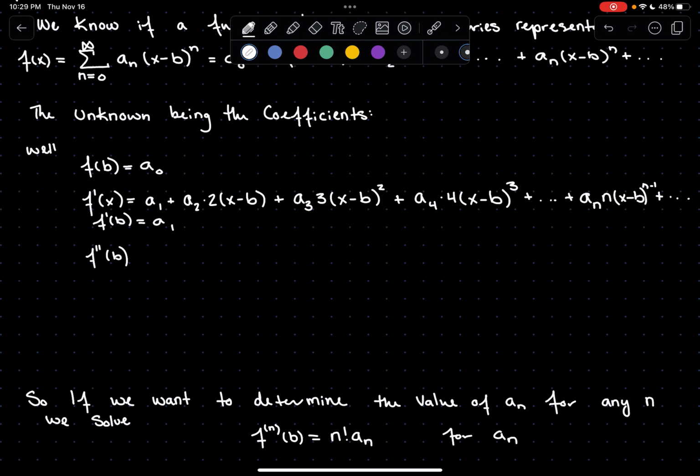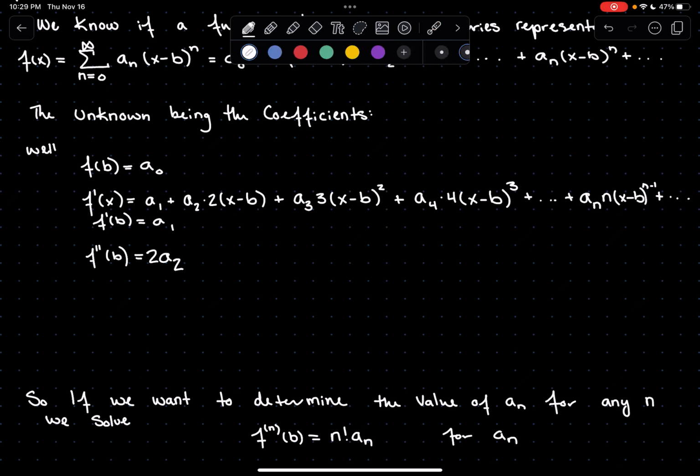When I take the derivative again, this term is going to go to 0. This term is going to be the only thing left, because this becomes 1. I'm just going to get a2 times 2, so this is equal to 2a2, and here this 2 is going to come down. I get a3 times 2 times x minus b to the 1 when I take the derivative here.